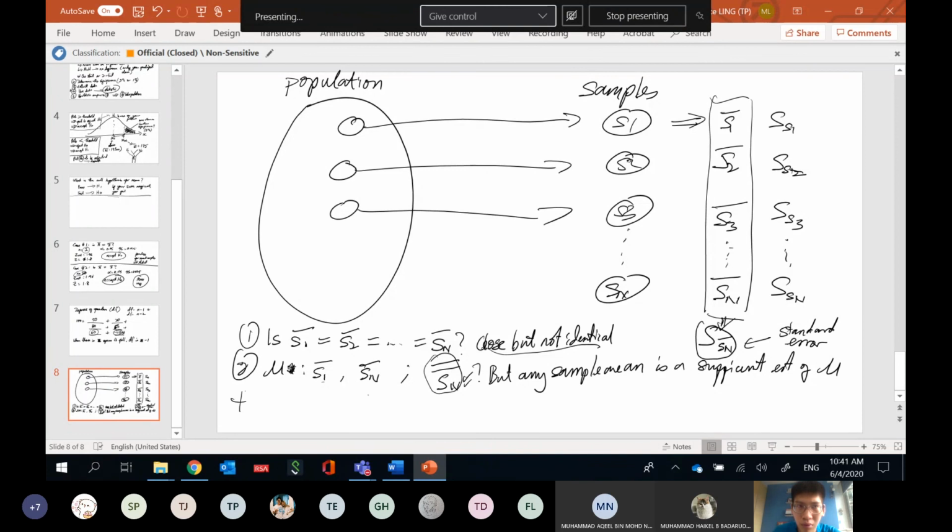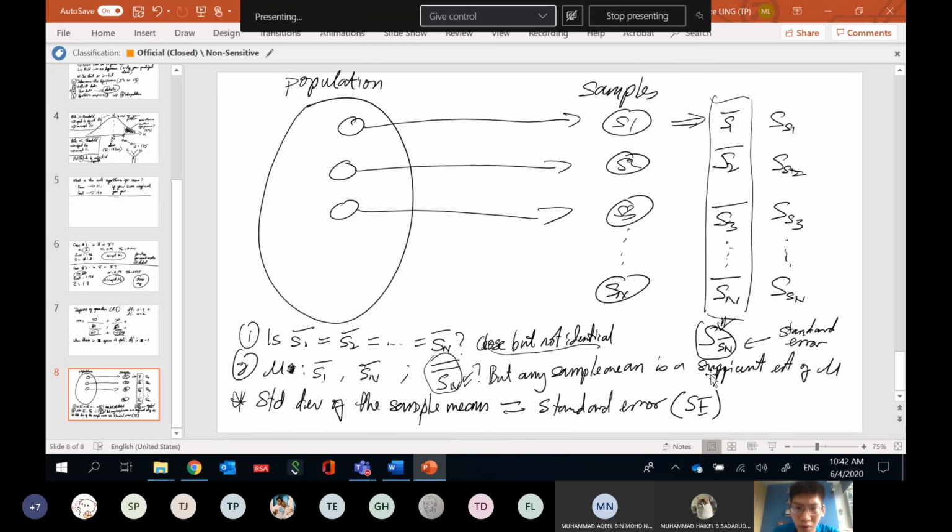So the standard deviation of the sample means, which must be more than one sample, is actually the standard error. This is what you call SE.